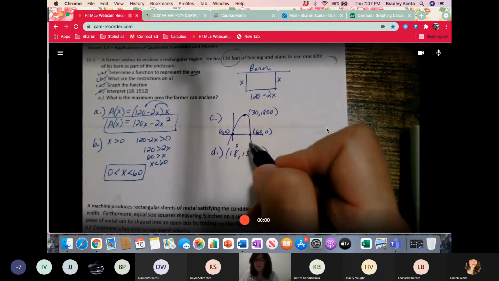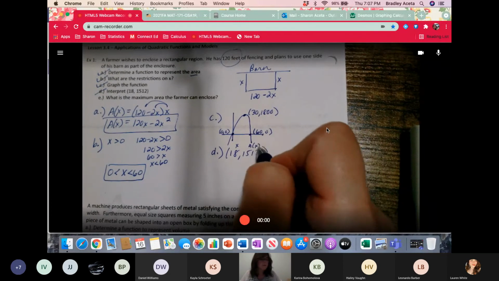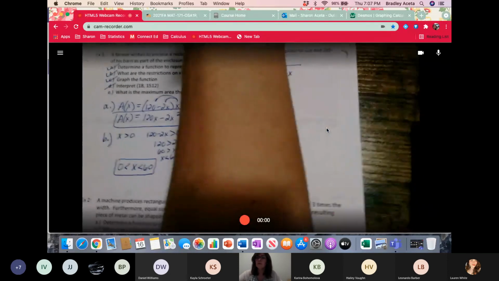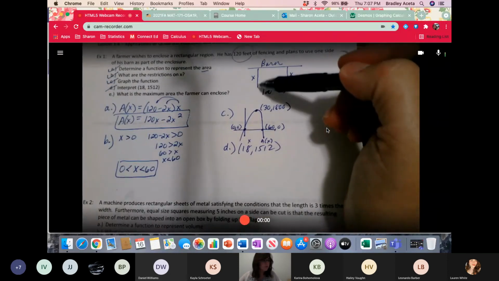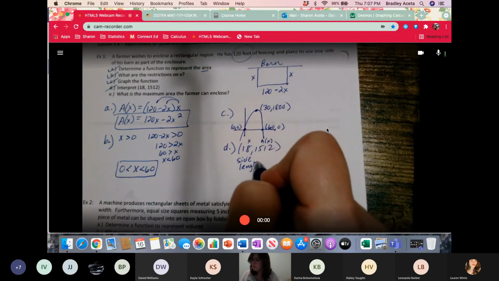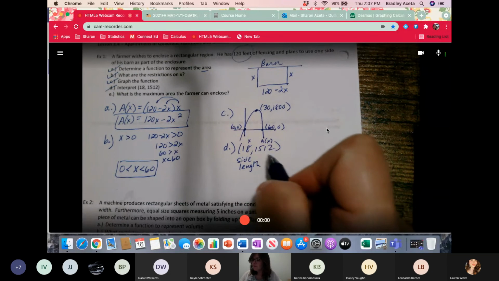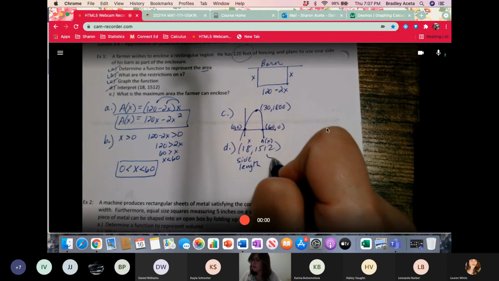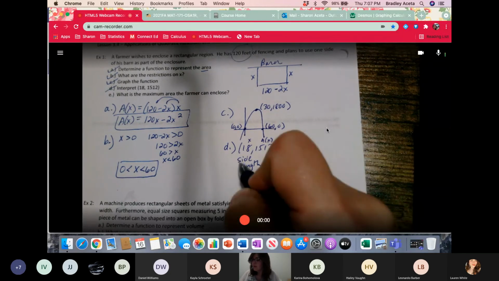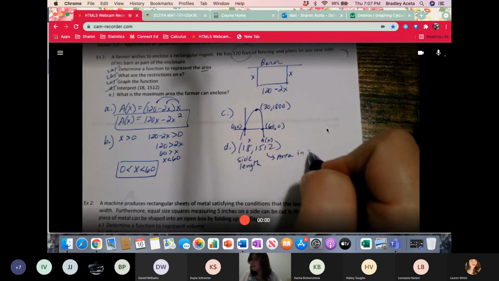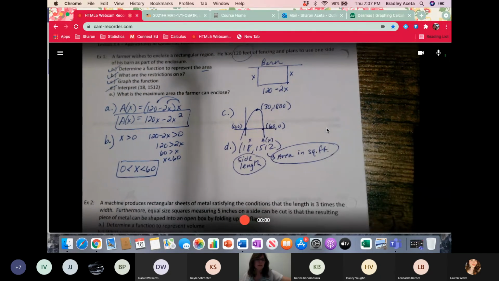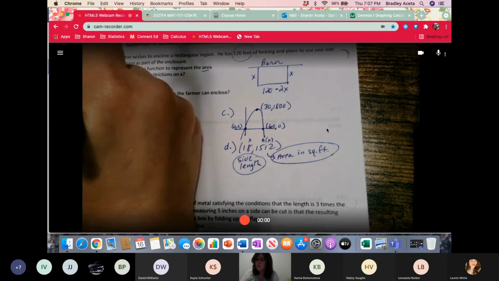Remember, this is your X and this is your A of X. So X refers to the length in feet, the side length of the barn. 1512 would be your A of X, or your area, with a side length of 18. Area in square feet, I guess we would say, when you have a side length of 18. So that would be part D.